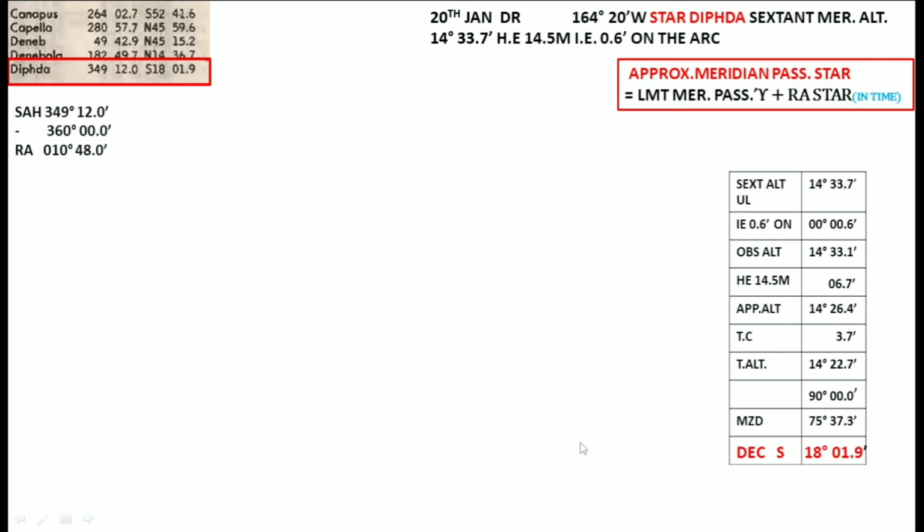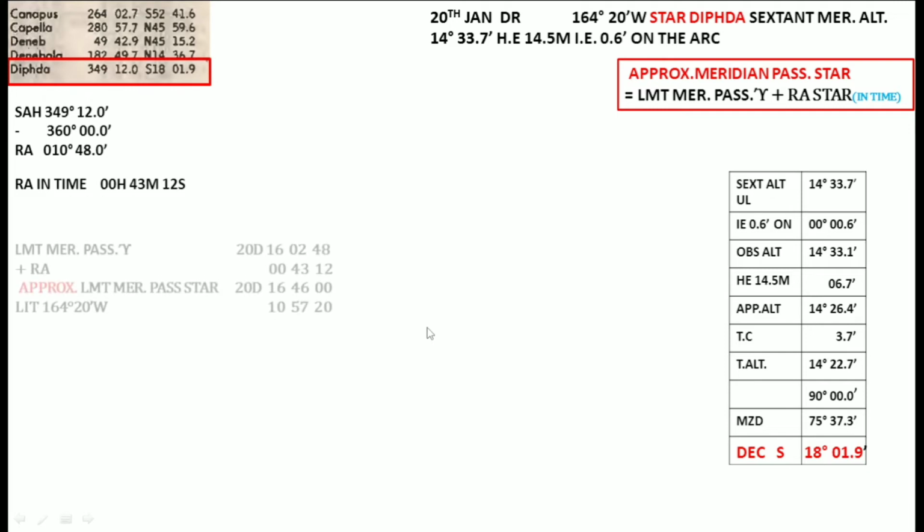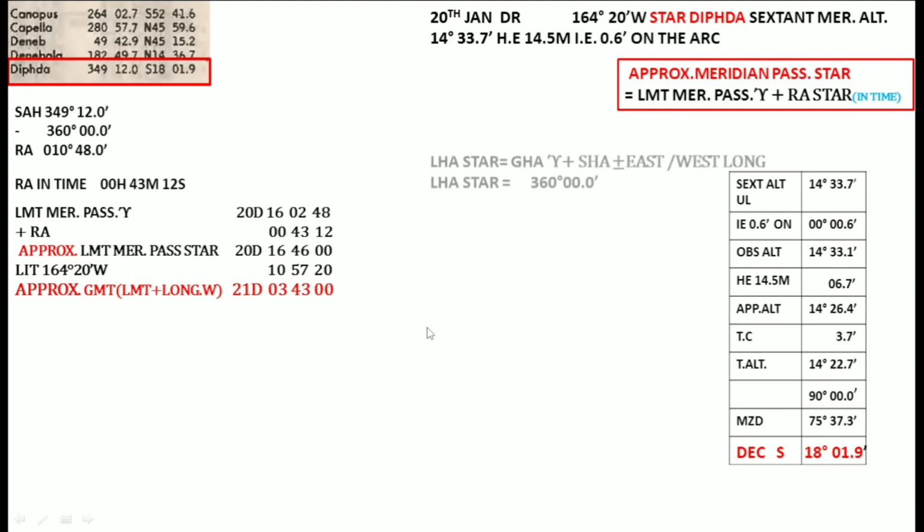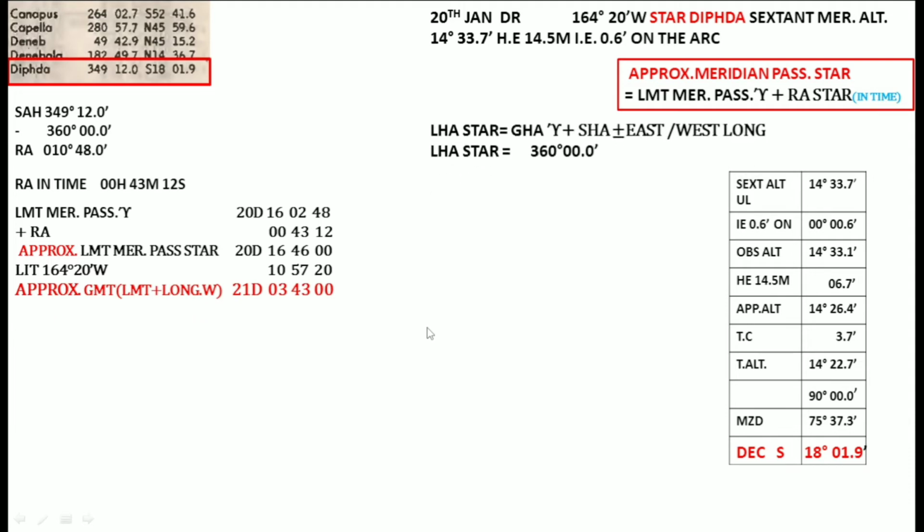So I get my SHA from there. Here the SHA is given to me, and RA in time, meridian passage of Aries, I get from the almanac, and I find my approximate time for this.